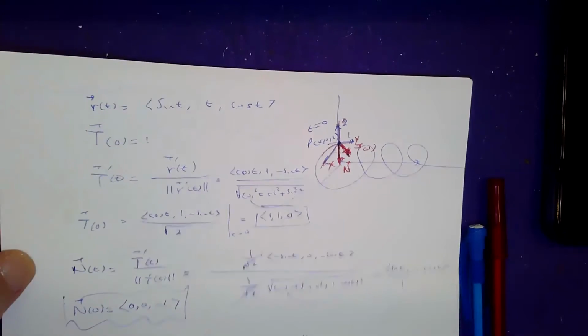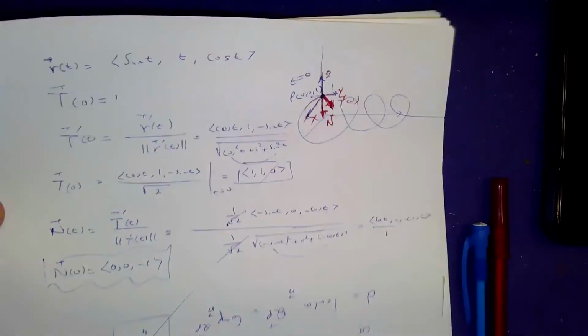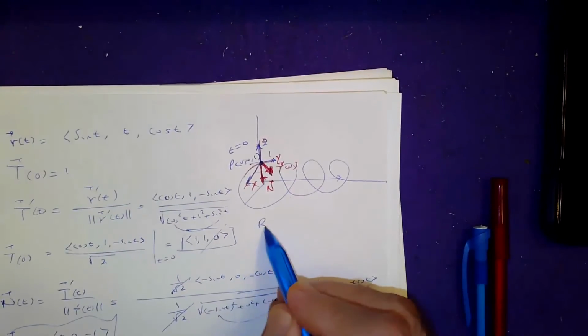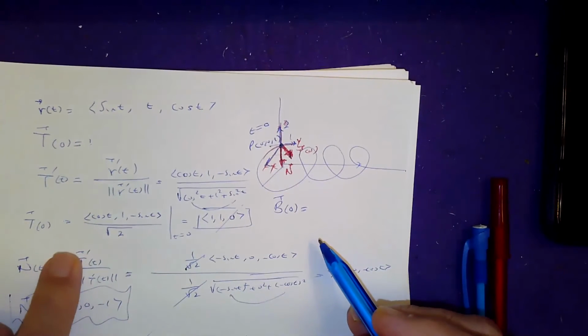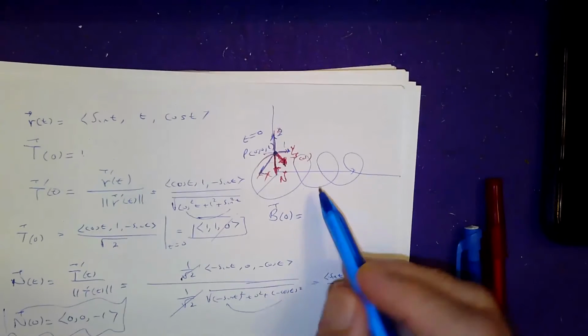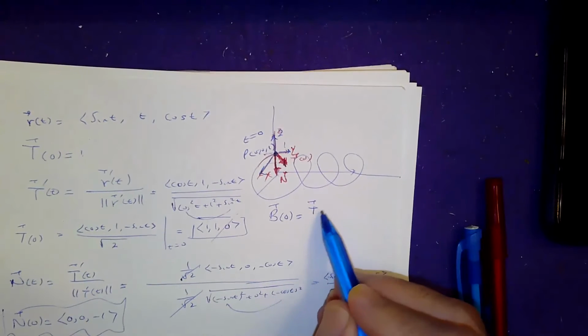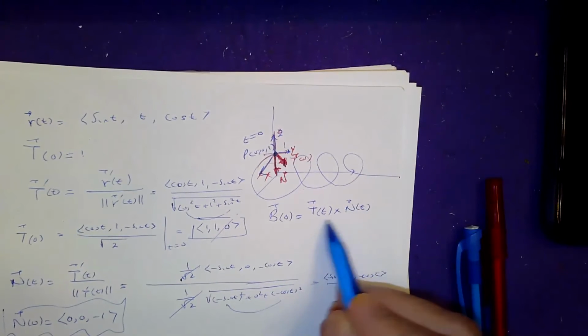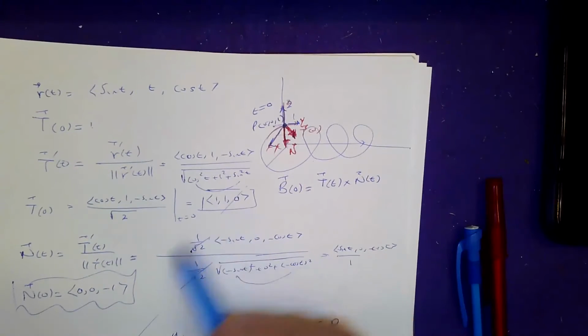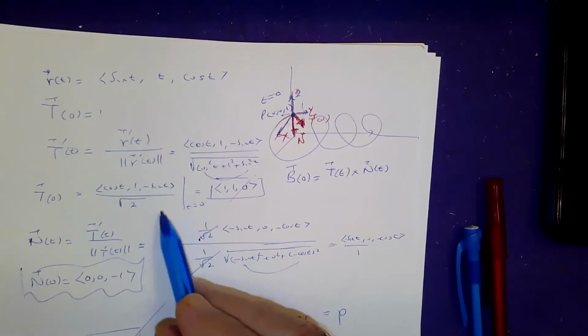Once you get these two vectors, when it comes to the binormal, there is no need to do any derivatives, or to take the cross product of T with N in general. Just take the ones you already evaluated at t equal to 0 and get on with the problem.